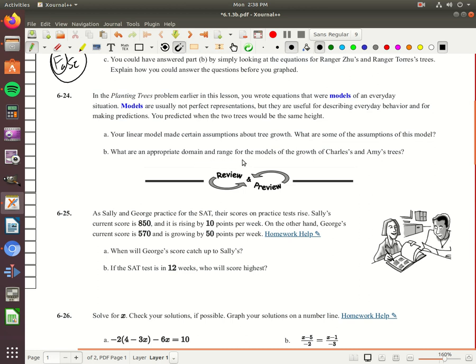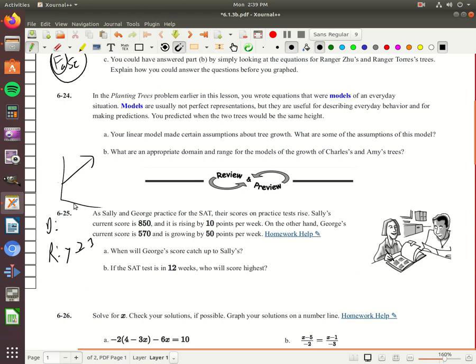What's the appropriate domain and range for the models of growth in Charles and Amy's tree? Well, I think the idea would be Charles's tree, I think, was one that started off at 3 feet, right? So when we do that range, I would say the range would be greater than or equal to 3 feet. Whoever had the tree, it started at 3 feet tall, so the range would be 3 feet or higher.